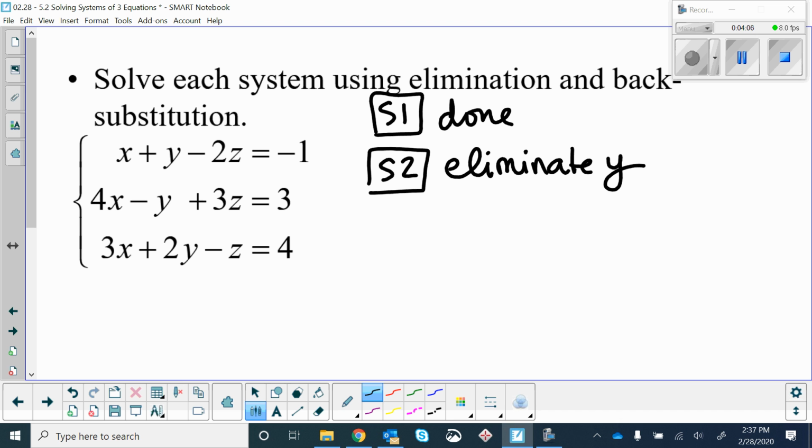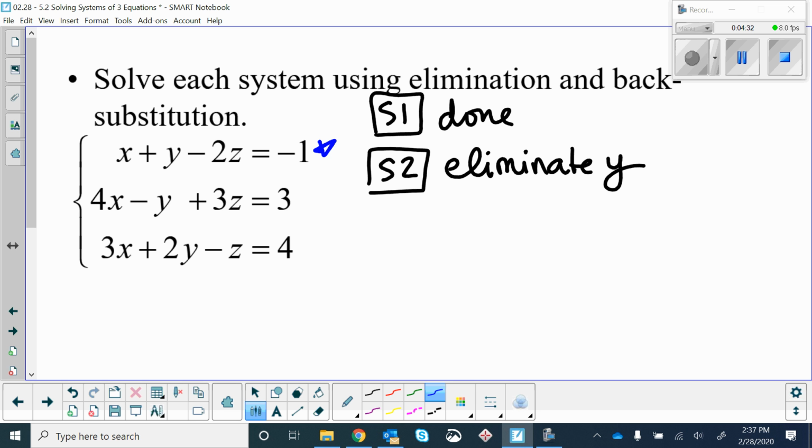And the second part of that step says this. Use two different combinations of any two equations to eliminate that variable. I like to make little symbols next to each pair of equations that I choose to help me keep it straight. So here are the symbols I'm going with today. I'm going to choose the first two because they would already cancel out right now, without any additional math.